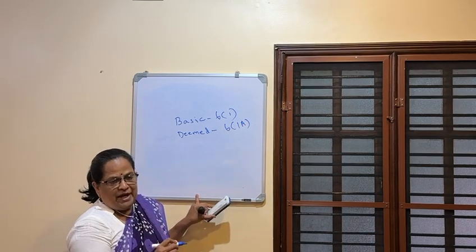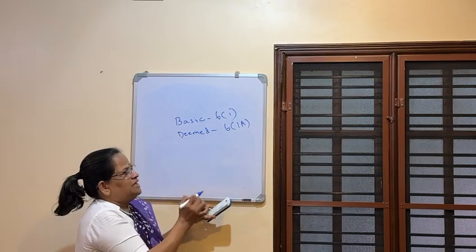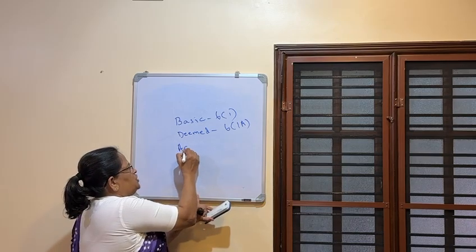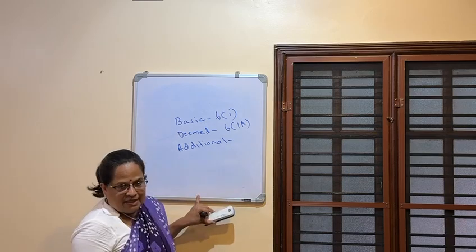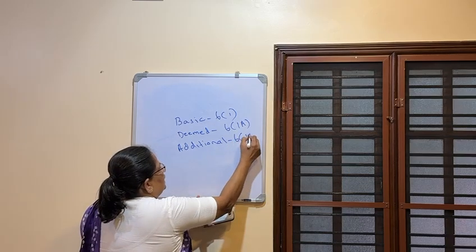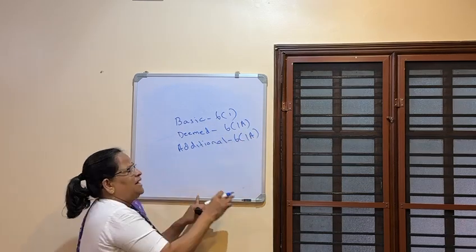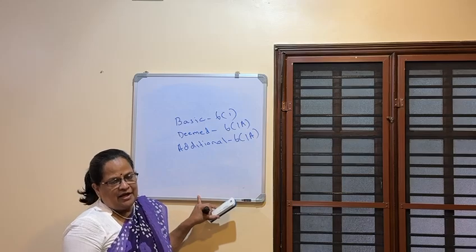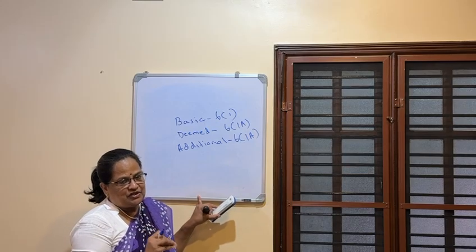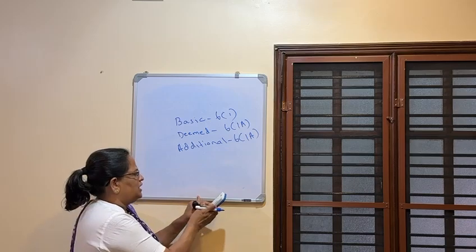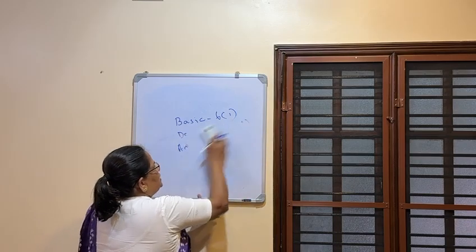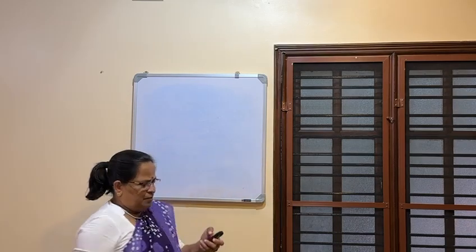So there are additional conditions for residential status computation. Actually there were only 2 additional conditions. When deemed residential status was introduced, they added 1 more additional condition. So these are the important sections and the conditions are very important.